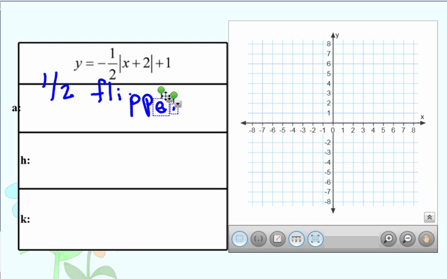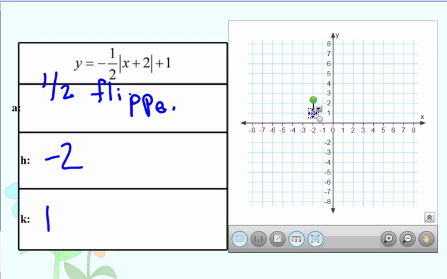And then our h is going to be negative 2 and our k 1. So we're going to go negative 2, up 1, plot a point. Okay, and then we're actually going down a slope of 1 and over 2.